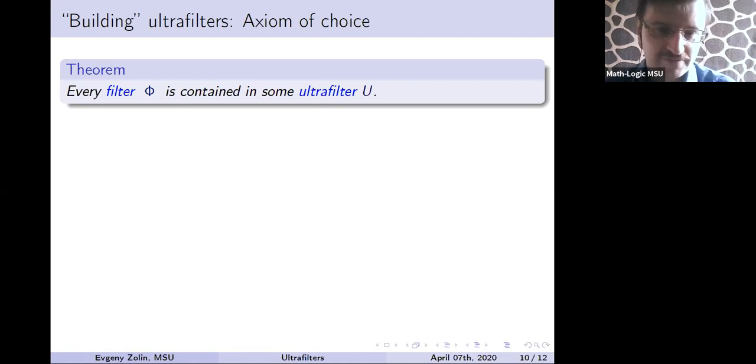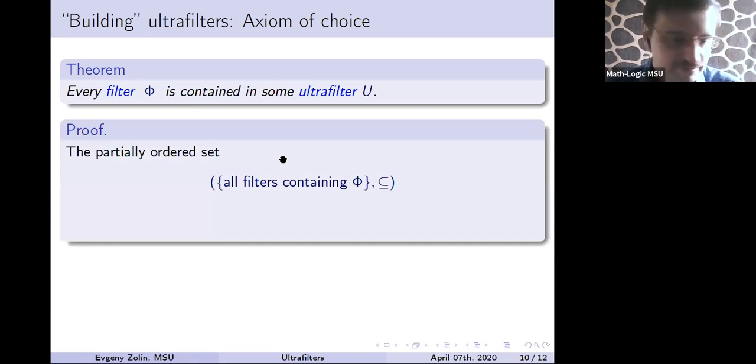It says that for any phi, there exists an ultrafilter U that contains phi, but it doesn't build it explicitly. And this is because this theorem is proved by the usage of the axiom of choice. The axiom of choice usually states that something exists but doesn't build it explicitly.